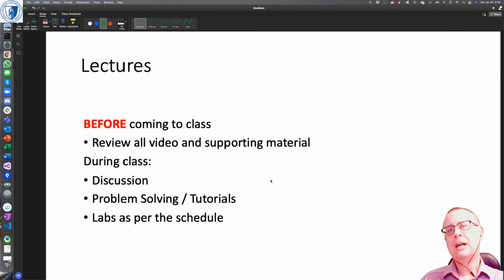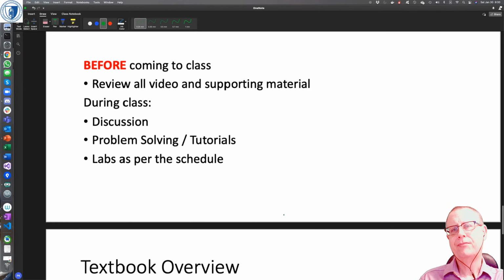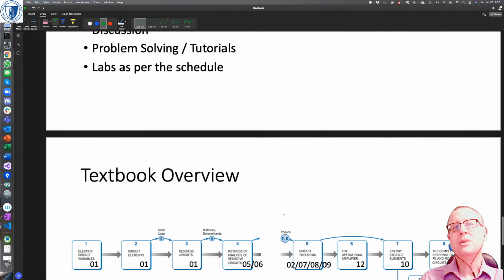Also, even though we're online, there are labs to be done, and as I mentioned earlier, LTSpice is the way I'm getting people to do labs for this course, and I'll continue to do labs for this course.